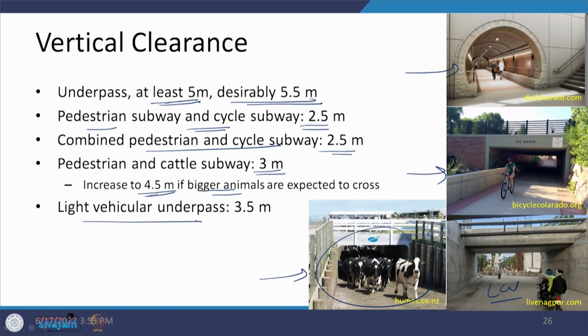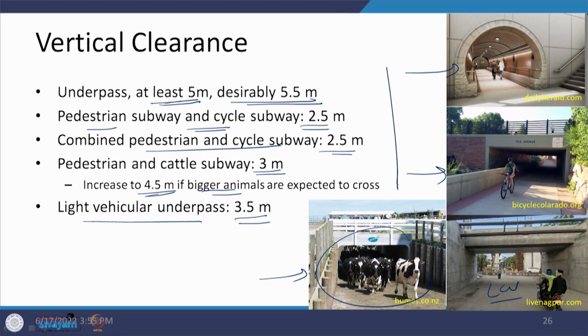And for a light vehicular underpass, say cars or chota hathi and those types of small commercial vehicles, it can be 3.5 meters. So, there are different values like 2.5, 3, 4.5, 3.5, 5 and 5.5 meters depending on who the users are.